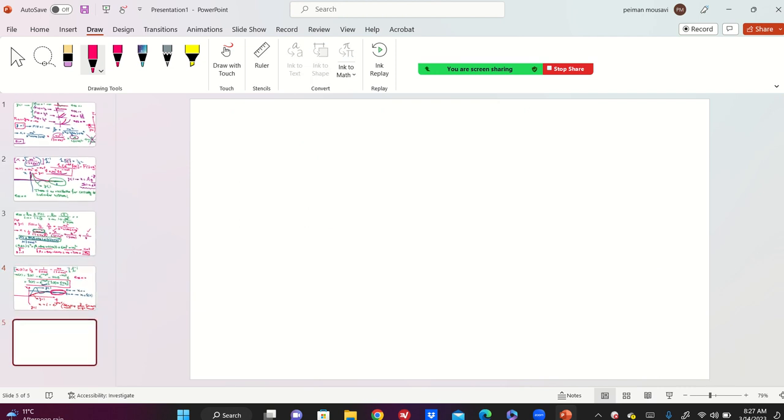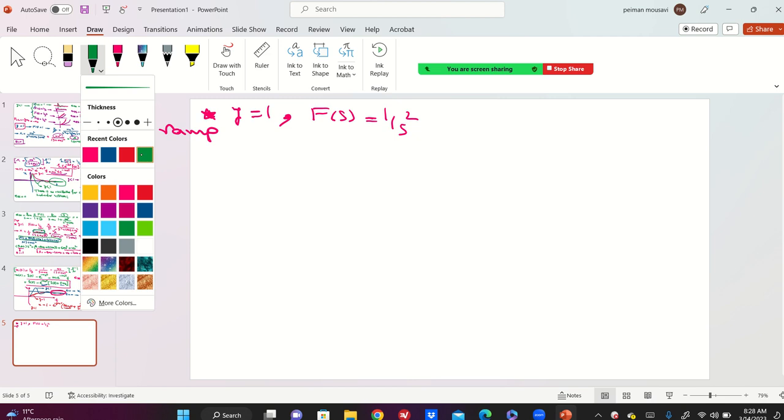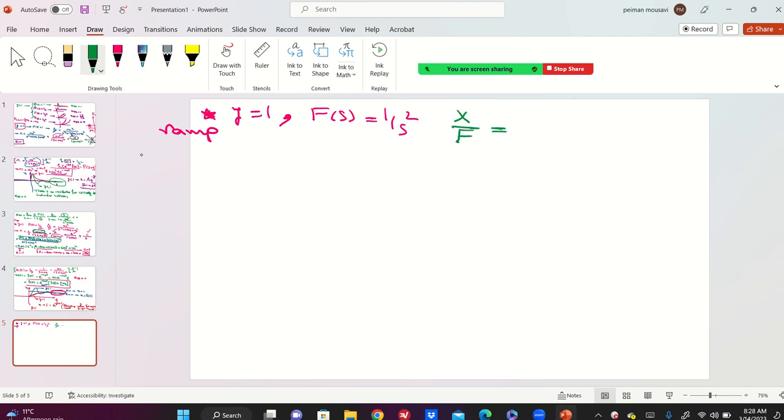So, having this, now I can move on to the critically damped system without doing the calculations. And f of s is a ramp. X over f again is omega n square over s plus omega n square, and your x is going to be 1 over s square times omega n square over s plus omega n square.